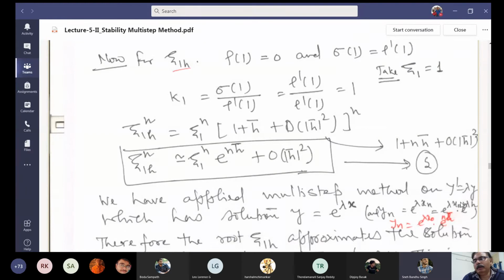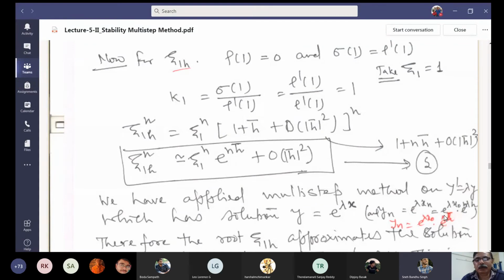E to power lambda x_0 is a constant that depends on x_0, that is your eta_0. So y_n is basically eta_0 into e to power n lambda h bar. This is your exact solution. Is that right?